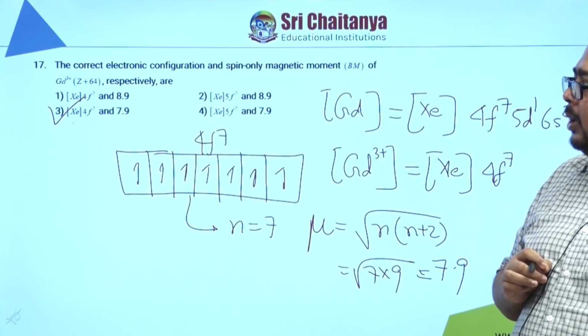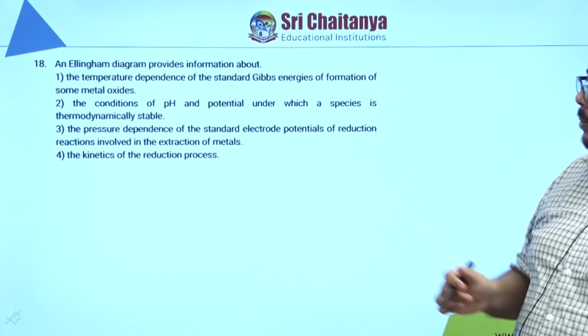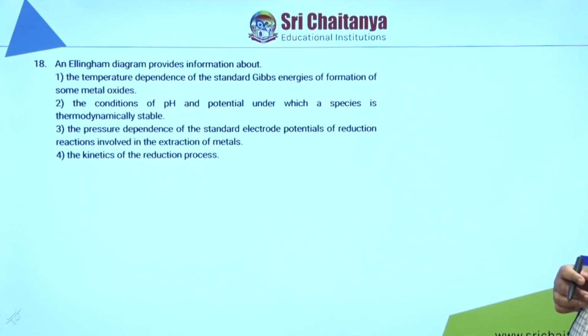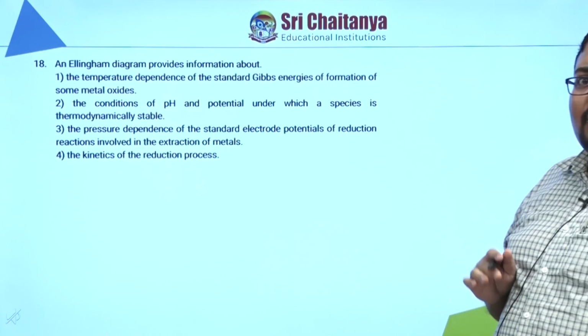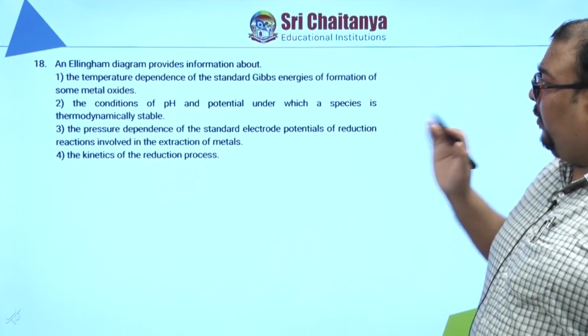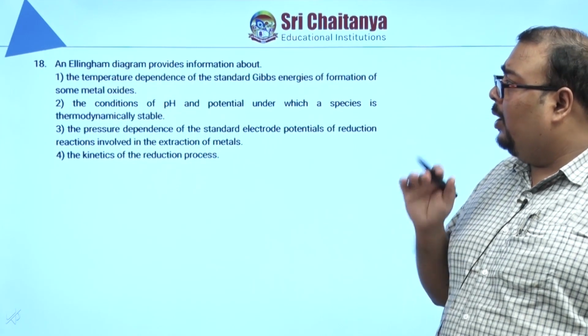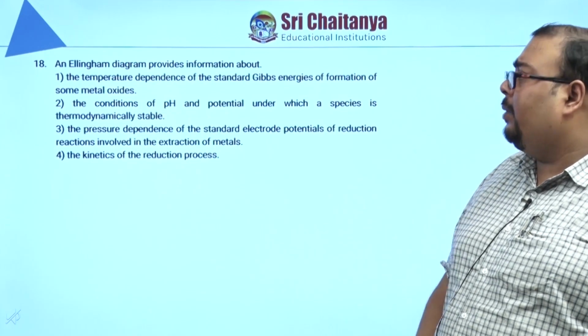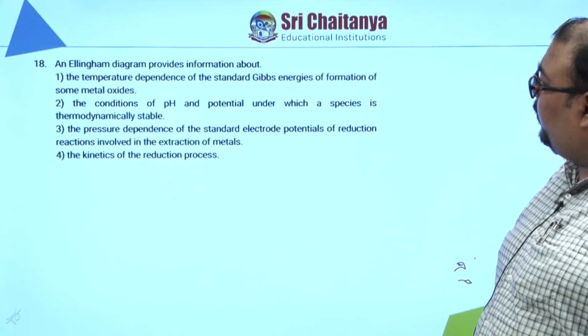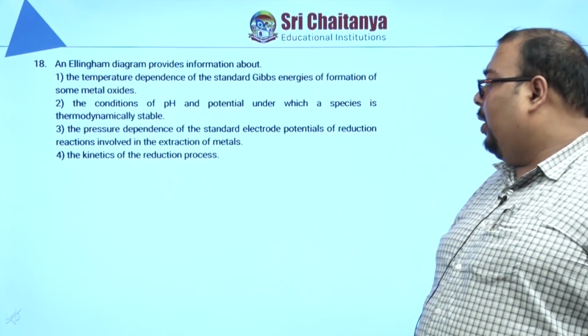Next is question number 18. Now question number 18 is related to thermodynamics of metallurgy, in which we study about Ellingham diagrams. So the question is, an Ellingham diagram provides information about, there are 4 options given.